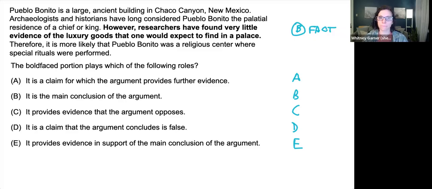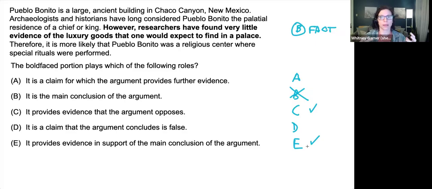What do y'all think? Ooh. Yeah, it's definitely not going to be the main conclusion for sure. Question is, what about this word claim? So evidence in C and E, that's fact, fact and evidence. So evidence would work, right? E, evidence, that one would work. So we're going to hang on to C and E. But what about this word claim?